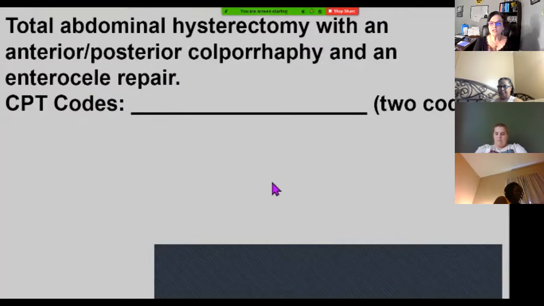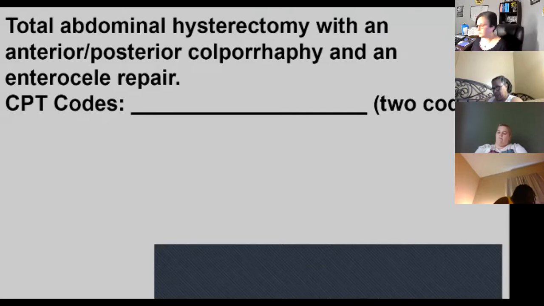Okay, so let's break it down into what is the first thing that we need to look at. What did we do? We did a hysterectomy, right? So we did a hysterectomy and it was abdominal. So that's our very first code that we need to go to. With or without.